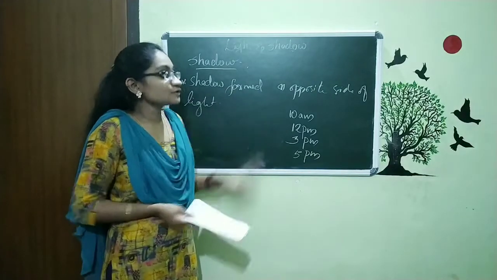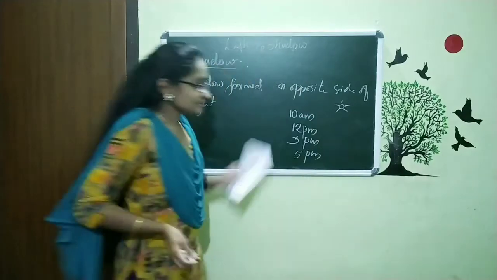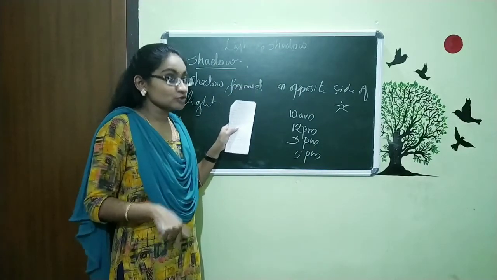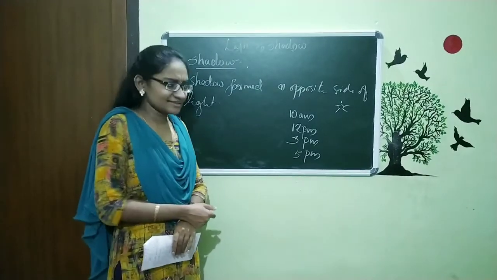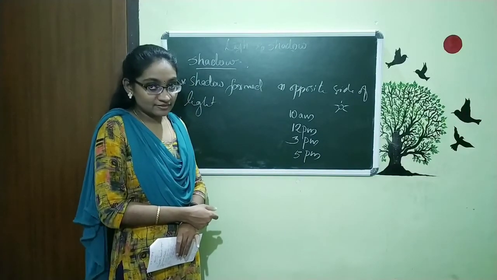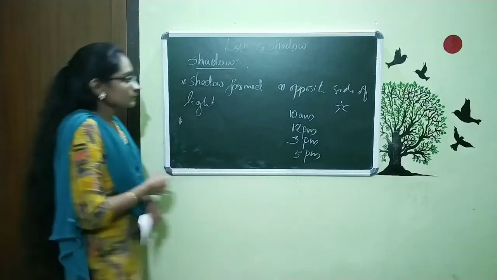So observe the shadow under the sun and understand what difference you get in your shadow size with the variation in time. That is one simple activity. Just observe and tell me what result you get.